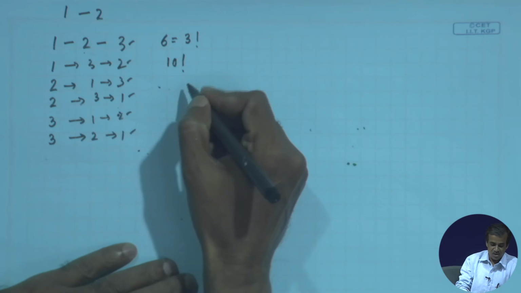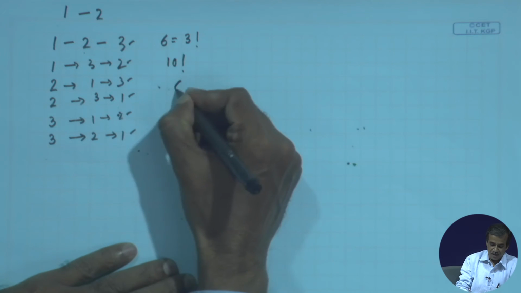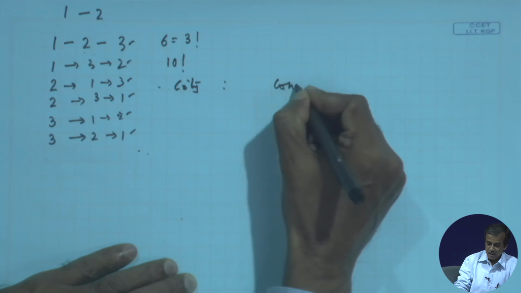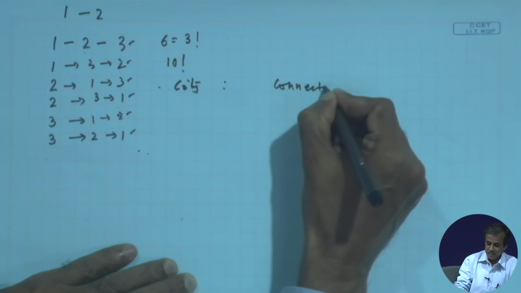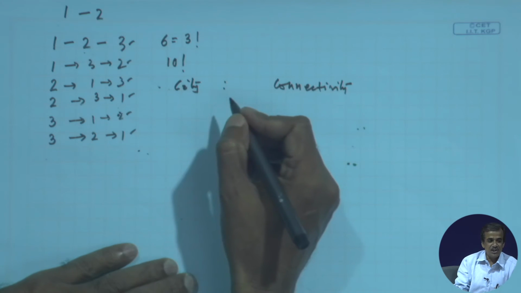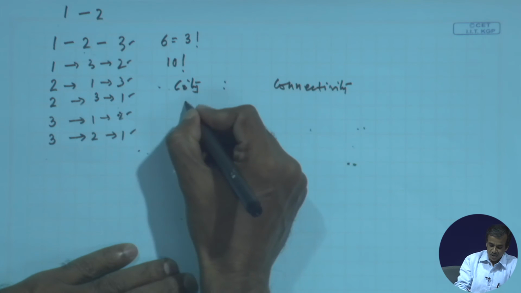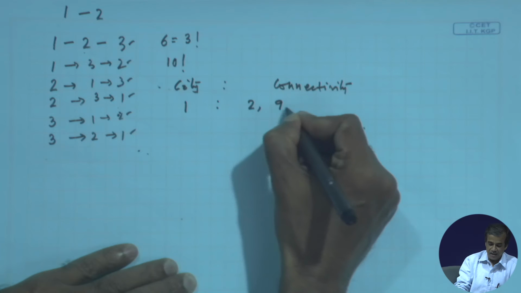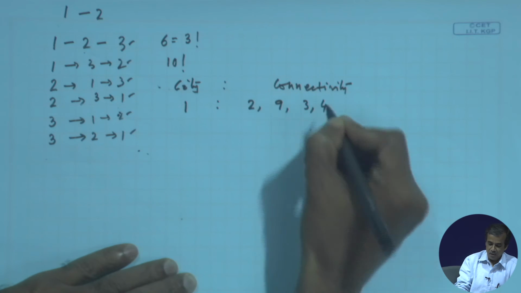So, let me just draw this particular thing: city and its connectivity. You can also prepare it on the notebook. City 1 is connected to 2, 9, 3 and 4.